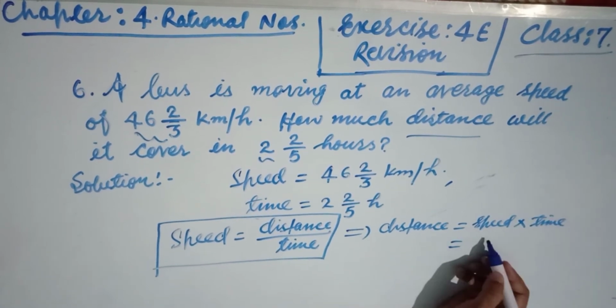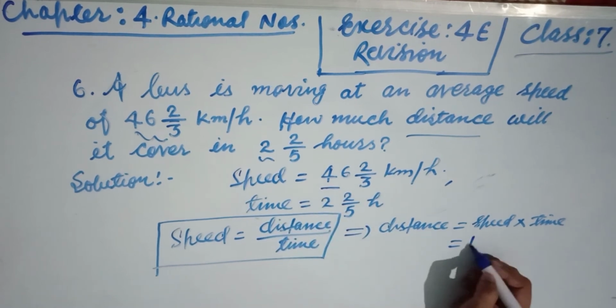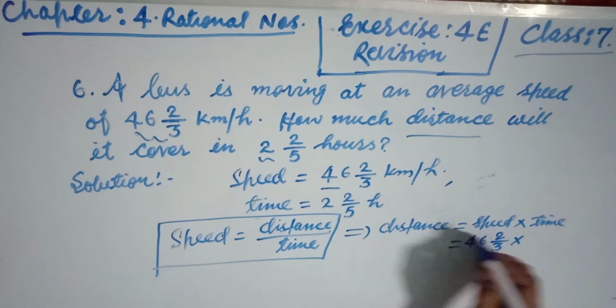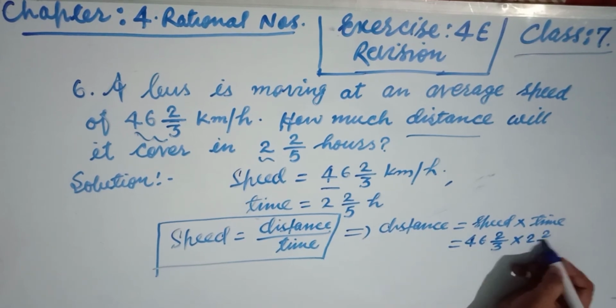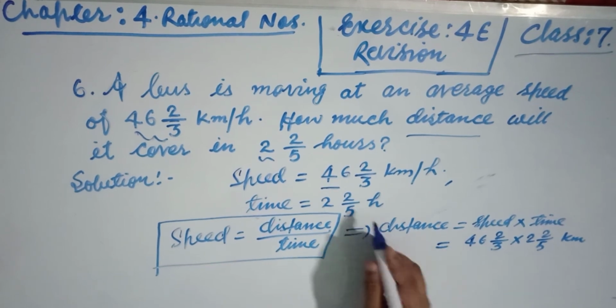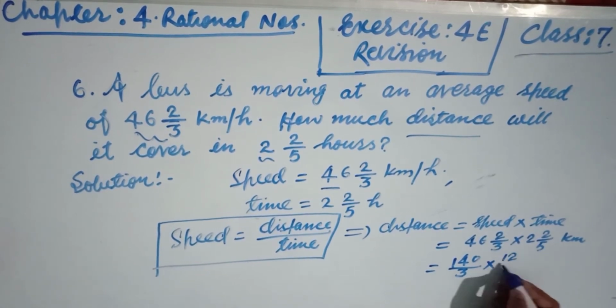So write the values here, friends. Here the speed is 46 and 2 by 3, and now multiply by the time, 2 and 2 by 5, and this will give us kilometers. Why? Because this is in kilometers. If you multiply, this is 140, which I just solved, by 3, multiplied by 12 by 5, friends.